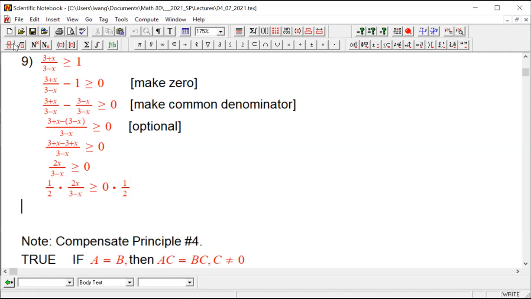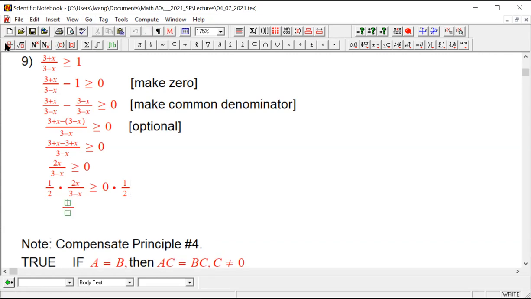So as enhancement to your algebraic skill, you're going to end up with x over 3 minus x greater than or equal to 0. Does everybody follow me?